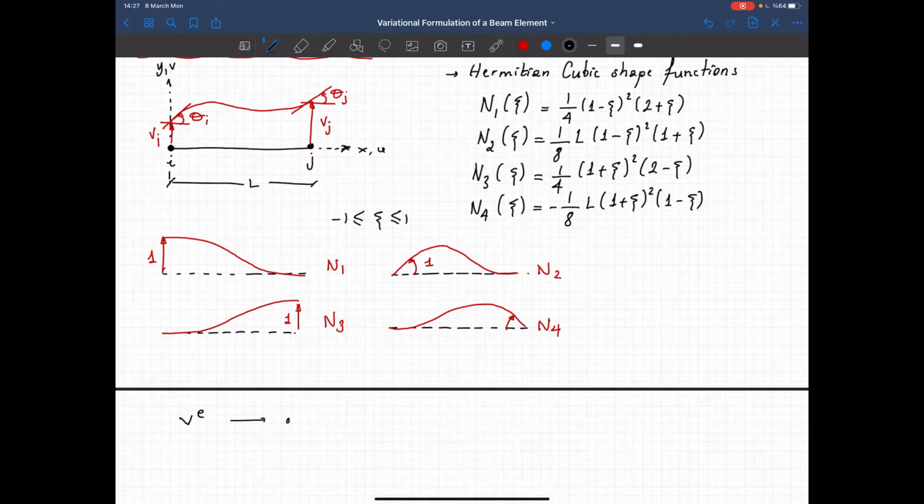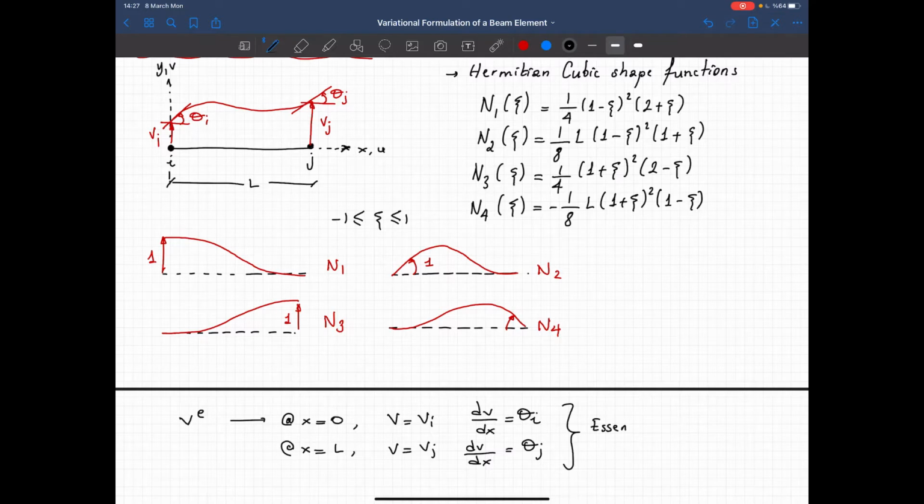So at x equal to 0, V must be equal to Vi, dV over dx must be equal to theta i. And at x equal to L, V must be equal to Vj, and dV over dx must be equal to theta j. Remember that these are the essential boundary conditions that we must satisfy.